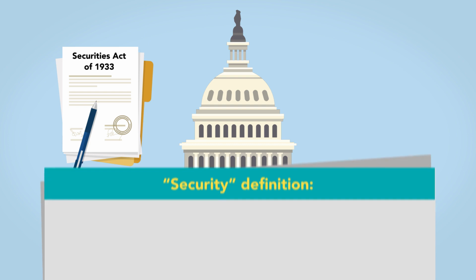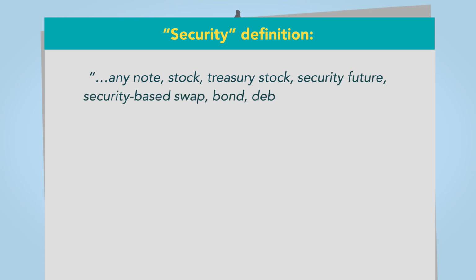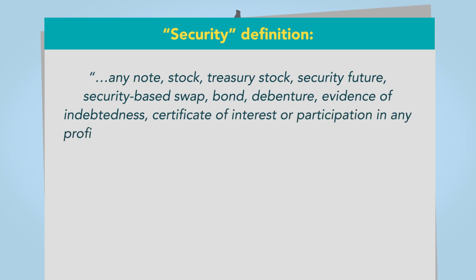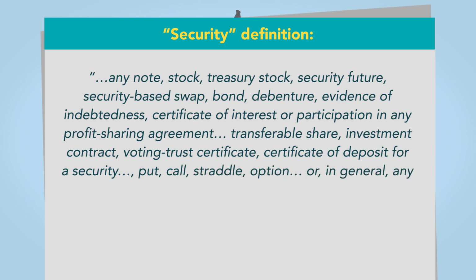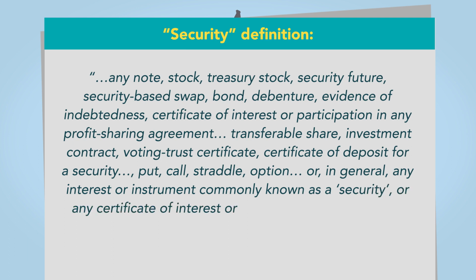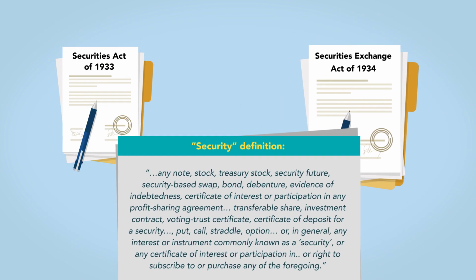The definition, which is broad and goes far beyond stocks and bonds, includes any note, stock, treasury stock, security future, security-based swap, bond, debenture, evidence of indebtedness, certificate of interest or participation in any profit-sharing agreement, transferable share, investment contract, voting trust certificate, certificate of deposit for security, put, call, straddle, option, or in general any interest or instrument commonly known as a security, or any certificate of interest or participation in or right to subscribe to or purchase any of the foregoing. The 1934 Act features a similar definition.